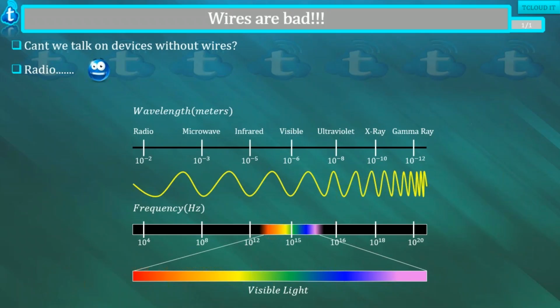Now, how can electromagnetic waves be used for communication? How can you send data on the electromagnetic waves? That is a different story. We will be studying that later in the form of modulation and demodulation, how they work, and how the data actually travels in the form of a radio signal. We'll study that a little later. But for now, we blindly imagine that whatever information we want to transfer from a device, we can somehow convert into a radio signal.